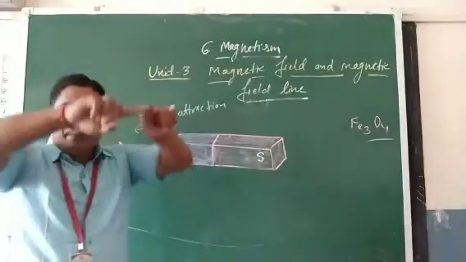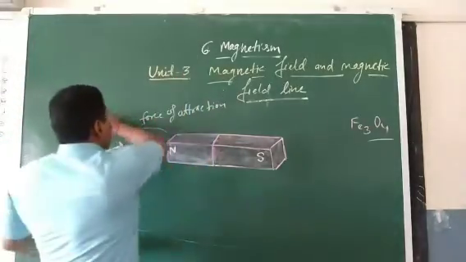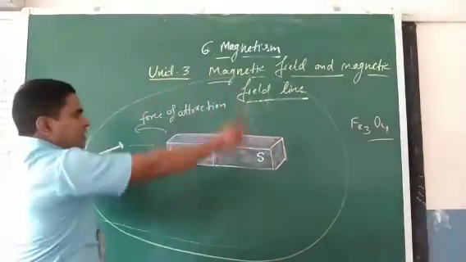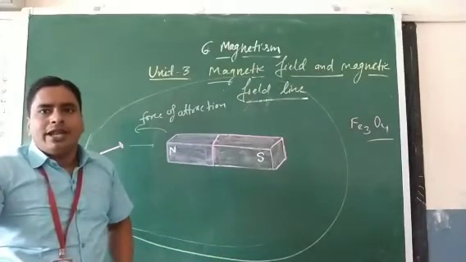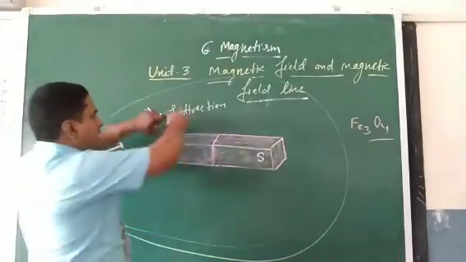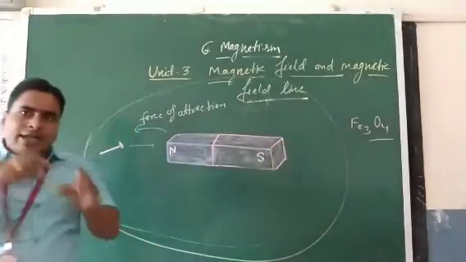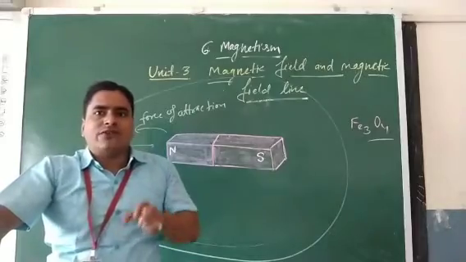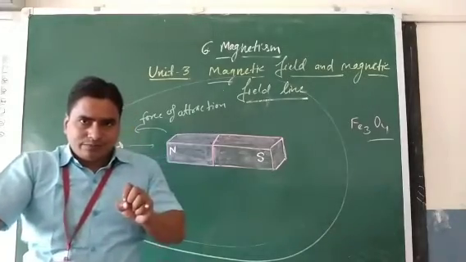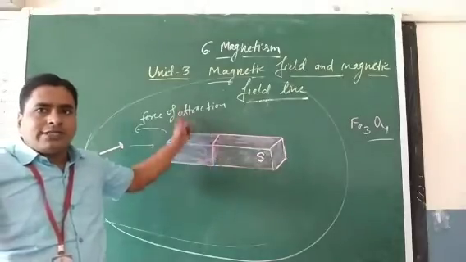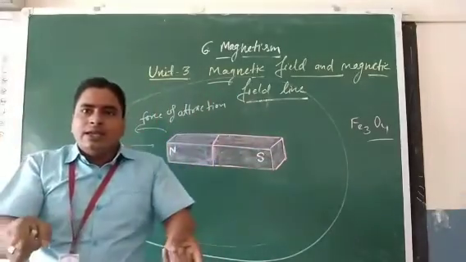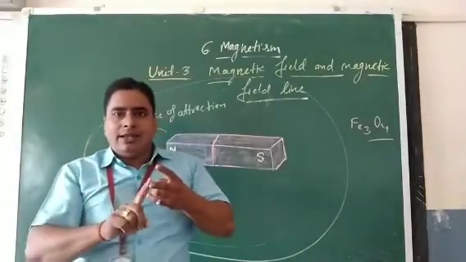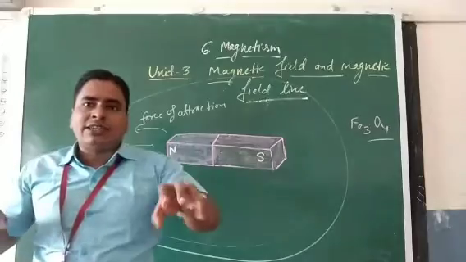That particular region and space around a magnet is called the magnetic field. उस मैग्नेट के चारों तरफ वो रीजन, in which any magnetic substance feels or experiences a force of attraction or repulsion. मतलब किसी भी मैग्नेट के चारों तरफ का वो रीजन, वो स्पेस, जिसमें कोई भी मैग्नेटिक सब्सटेंस, either cobalt, nickel, iron, experiences a force of attraction or repulsion.